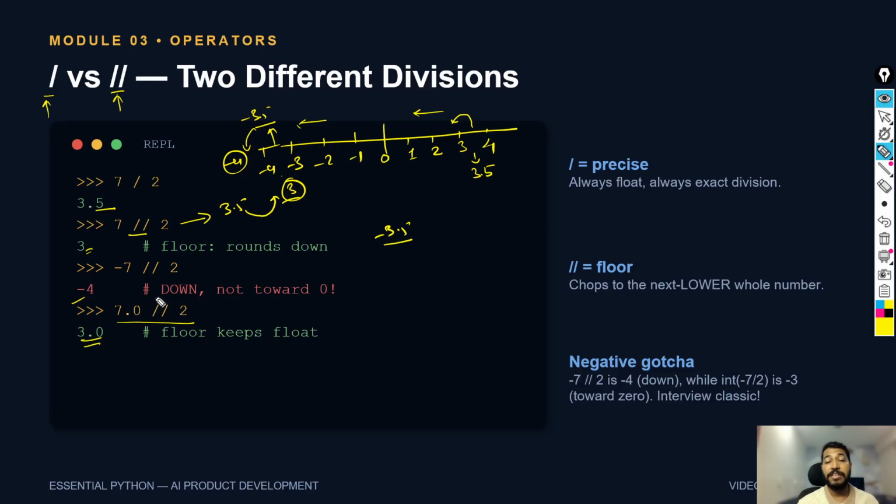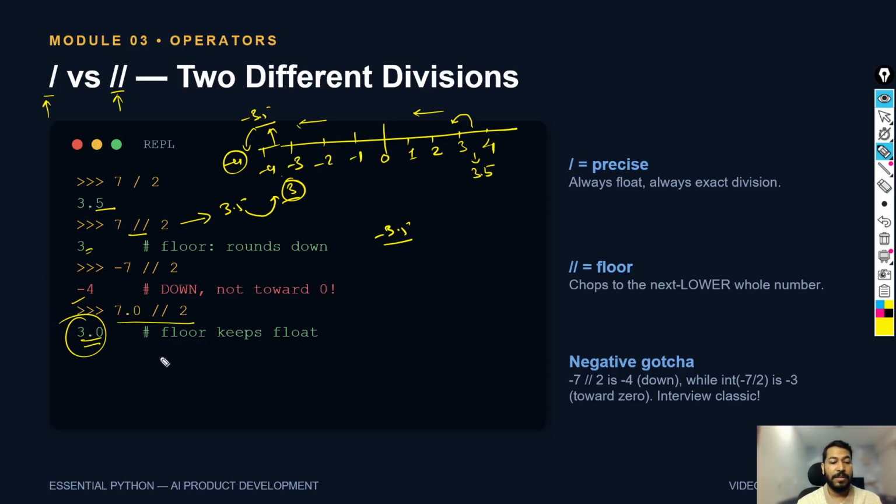However, if one number out of the two is a float, it is definitely going to return decimal or float values only, right?